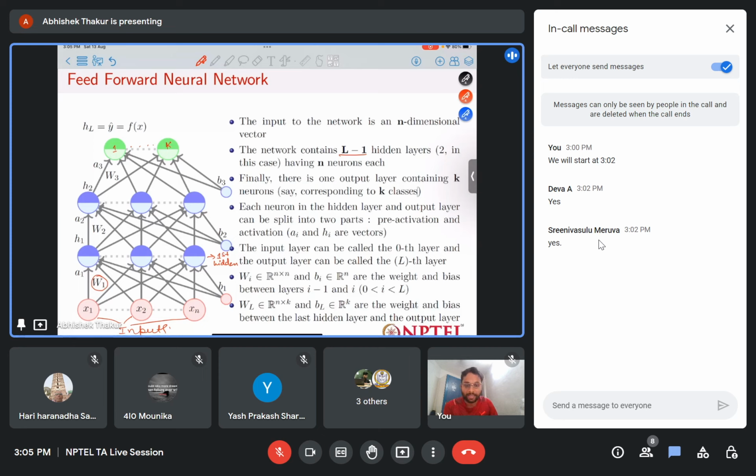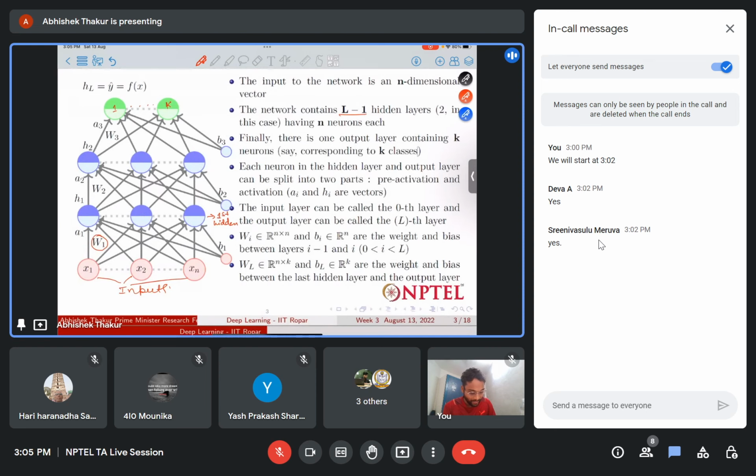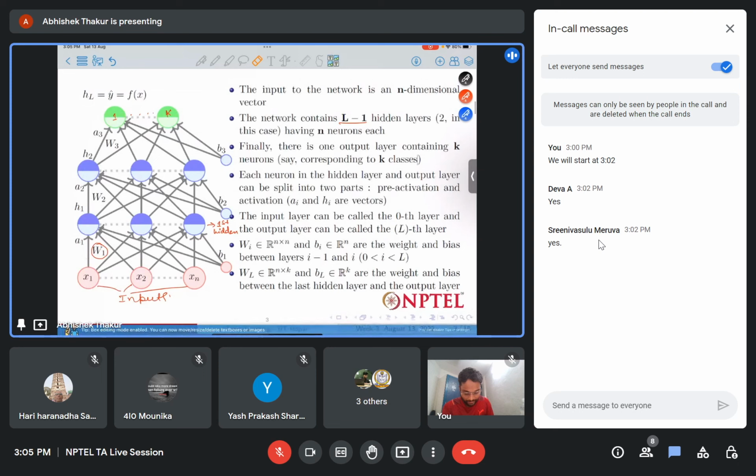So we have to see what the dimensions of these parameters are. The feed forward neural network starts from here, so first we start with X. The dimension of X is n, because there are n inputs in this diagram, which we can denote as R to the power n.